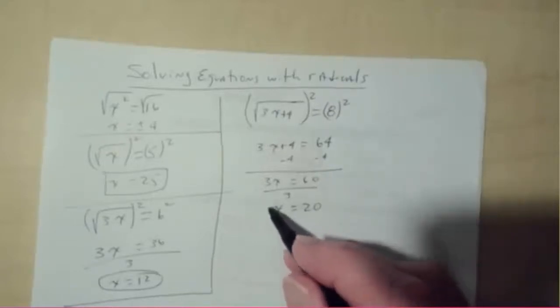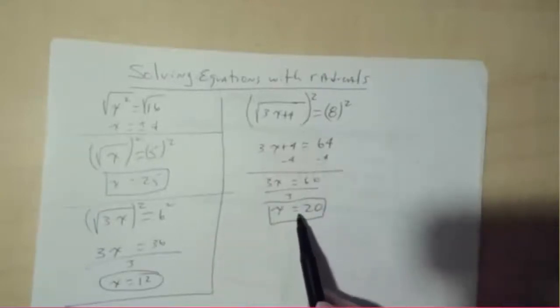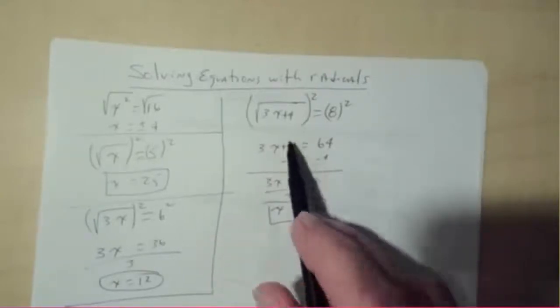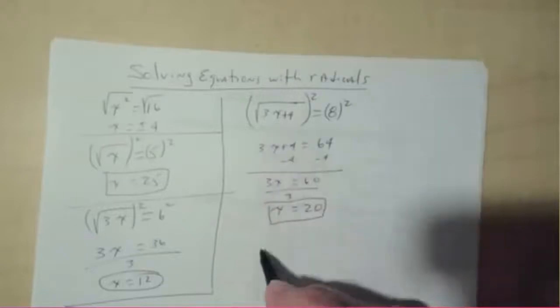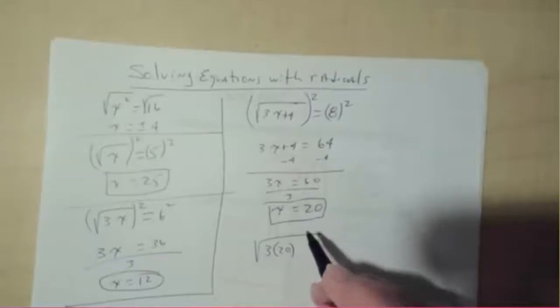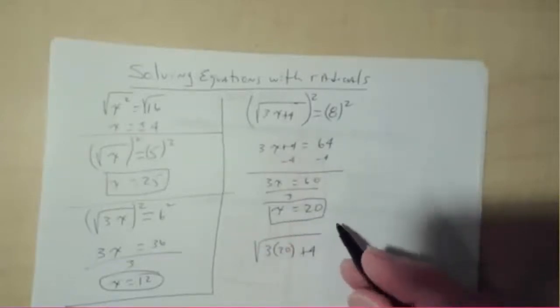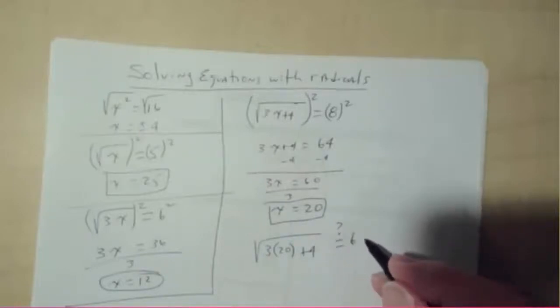So now what we do here, once you get to this part right here, we didn't do it in the other ones, but what you have to do here is plug this back into the original equation. The square root of 3 times 20, okay, x is 20, plus 4, does that equal 8?